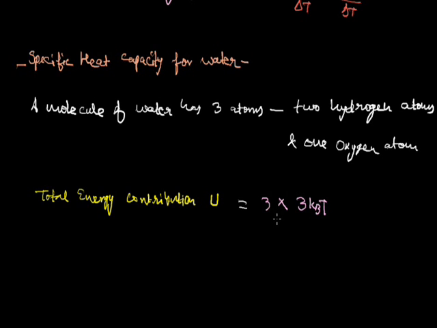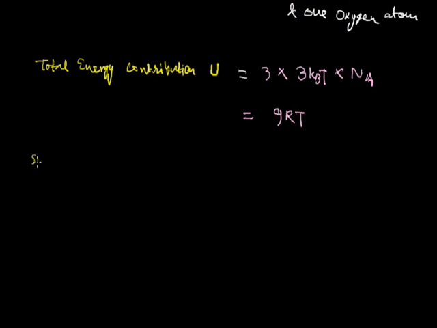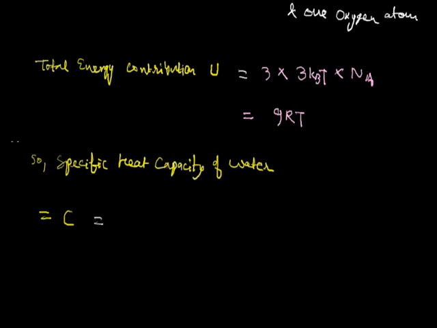So it will be the complete contribution of energy due to all 3 atoms in the water sample. Further, multiplied by Na gives us 9RT. So specific heat capacity of water will be C equals delta Q by delta T equals delta U by delta T equals 9R.